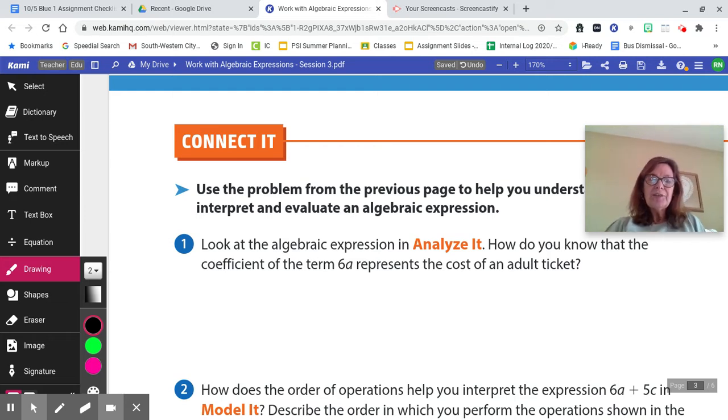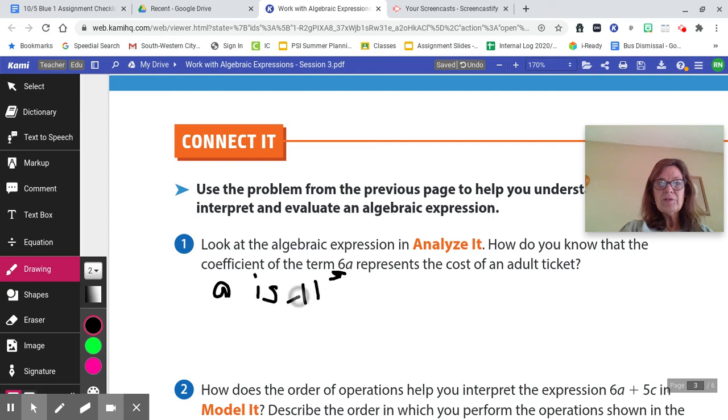Look at the algebraic expression and analyze it. How do you know that the coefficient of the term 6A represents the cost of the adult ticket? So how did you know that 6 is the cost of the ticket? We know that because A is the number of adults.